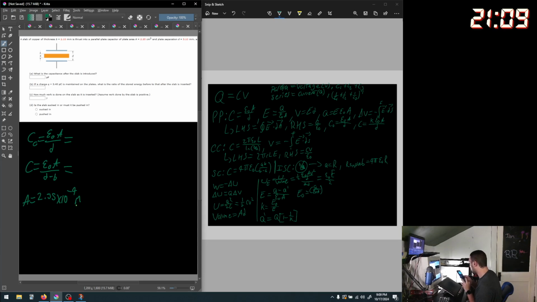B equals 2.1 times 10 to the negative 3rd meter. And D equals 5.1 times 10 to the negative 3rd meter. So now it's going to be D minus B, which is 5.1 times 10 to the negative 3rd minus 2.1 times 10 to the negative 3rd.